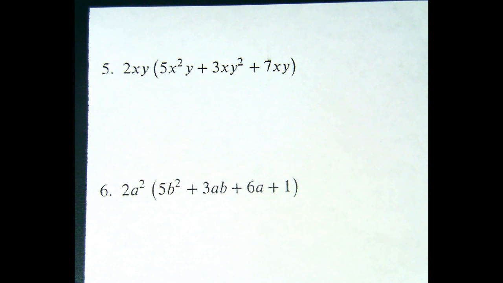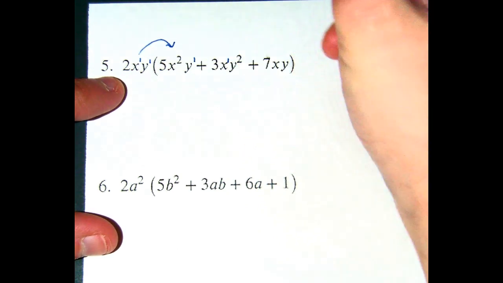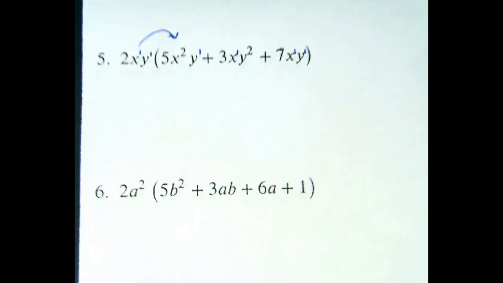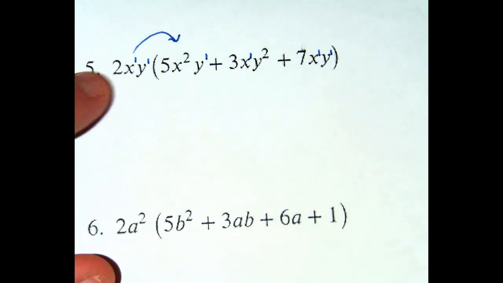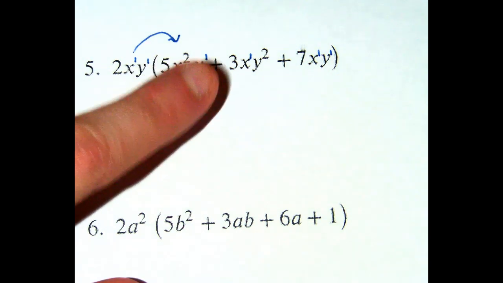Alright, so we have some more to multiply. You guys already told me what we were going to do for each of these. What are we going to do? Distribute, which is multiplying. Go ahead and add your little ones everywhere so we don't forget them. Okay. What is 2xy times 5x squared y? 10.